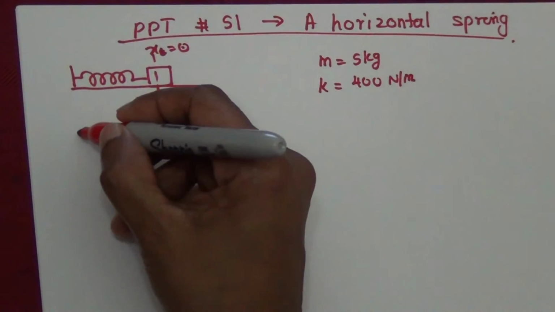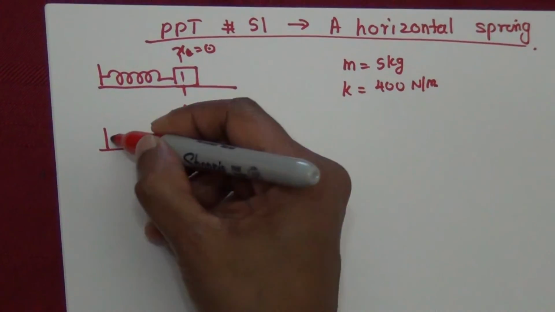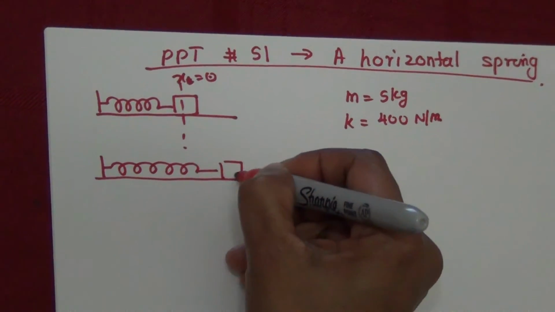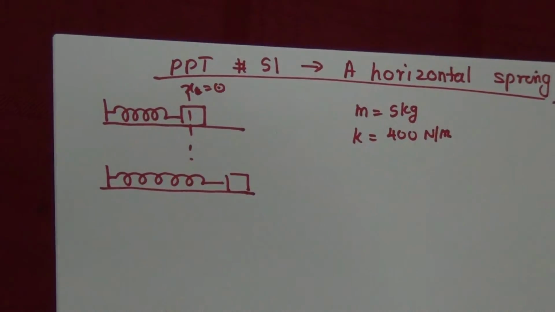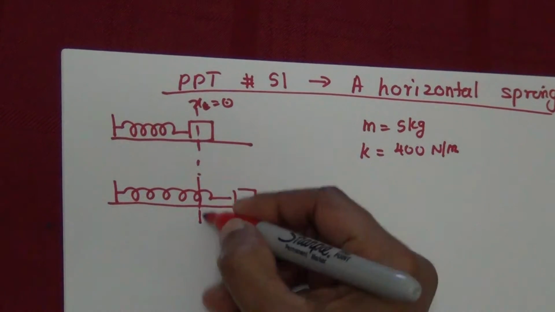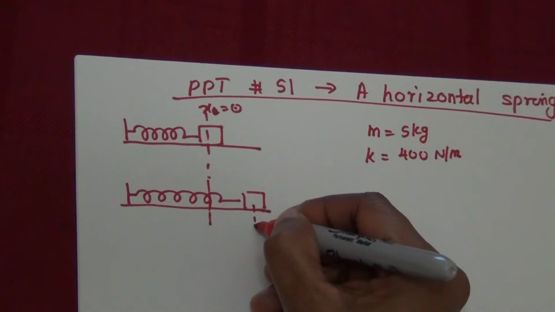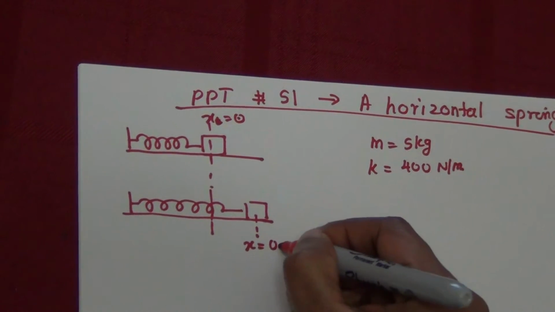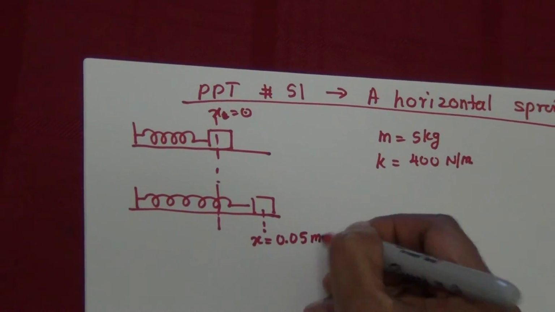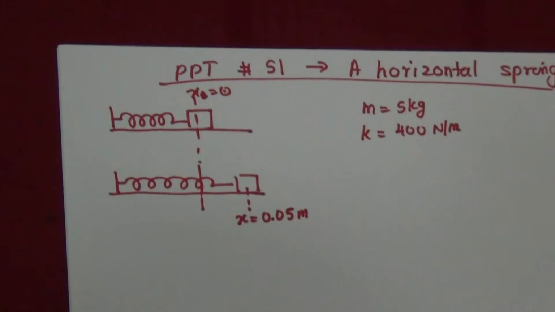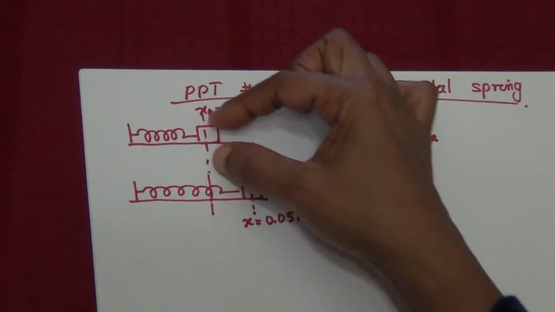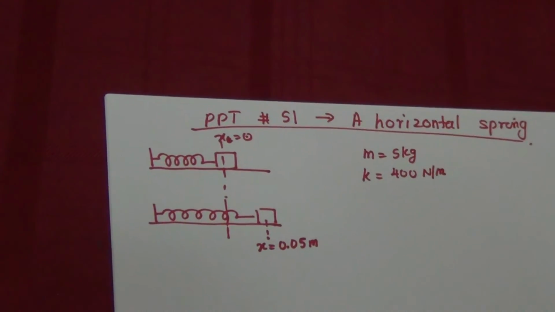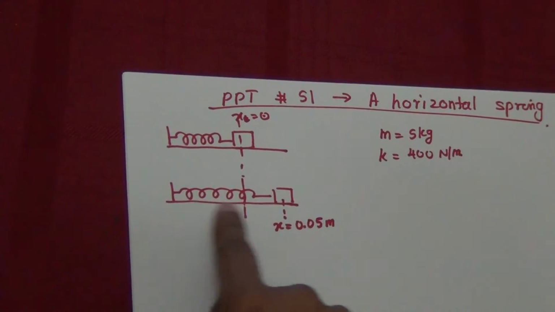The situation is they extend the spring to a distance x of 0.05 meters. They pull this and then leave the hand, so it will move back and forth.